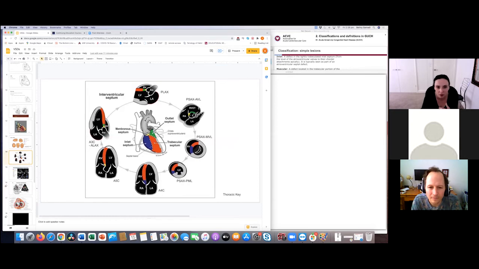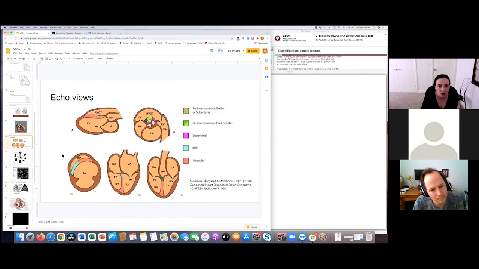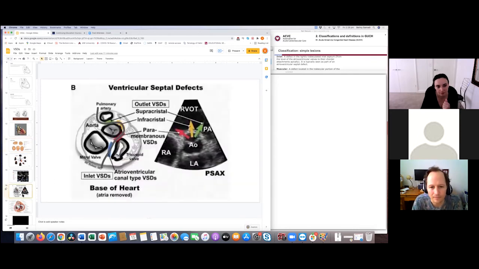In this one, they've got two greens: outlet and perimembranous. So that middle one is different to what we just saw. And on this one, they said perimembranous, inlet, outlet, and then outlet. So I think it's a little bit variable what they're talking about.